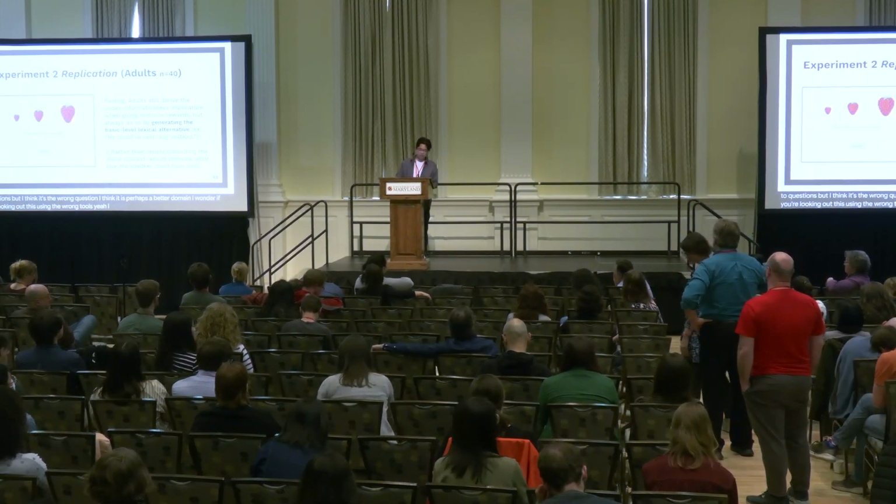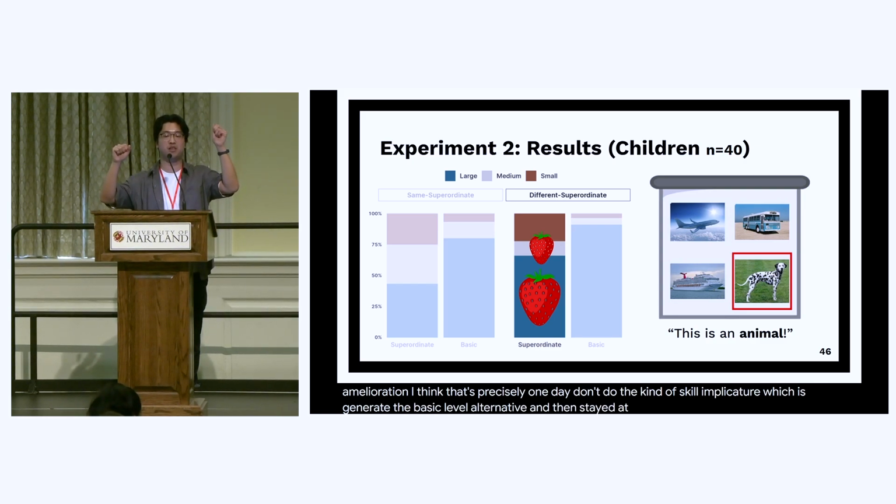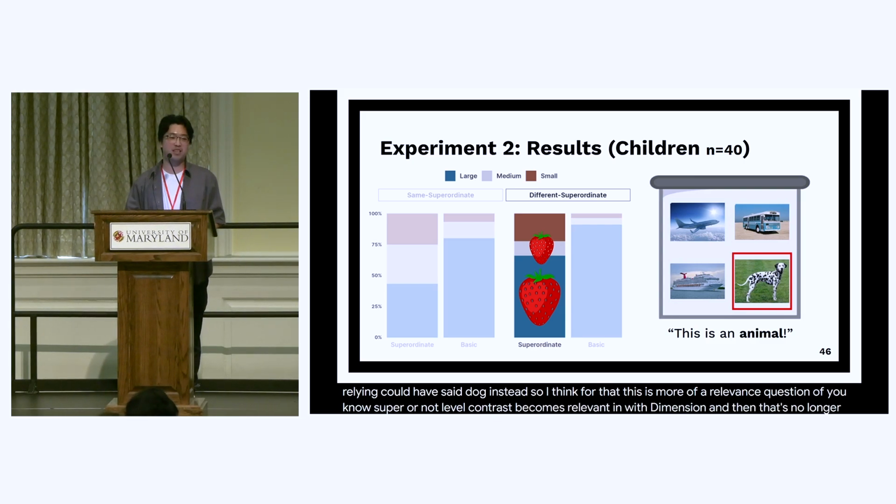Yeah, I think I should say, when children do the amelioration, I think that's precisely when they don't do the kind of scalar implicature, which is generate the basic level alternative and then say that animal is underinformative because Mr. Lyon could have said dog instead. So I think this is more of a relevance question of, superordinate level contrast becomes relevant in what to mention, and then that's no longer a scalar question.